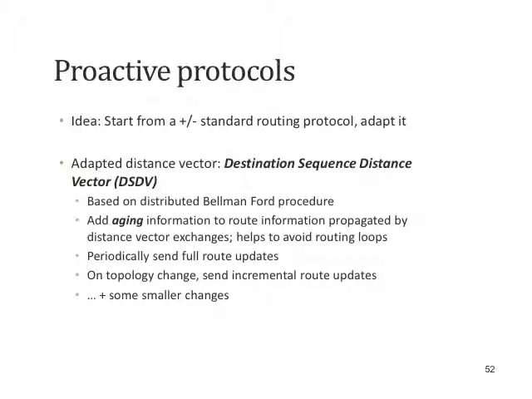So we'll talk about 3 different examples, one in each category. We'll talk about a specific routing protocol for each of these 3 options. The first option is what we call destination sequence distance vector.